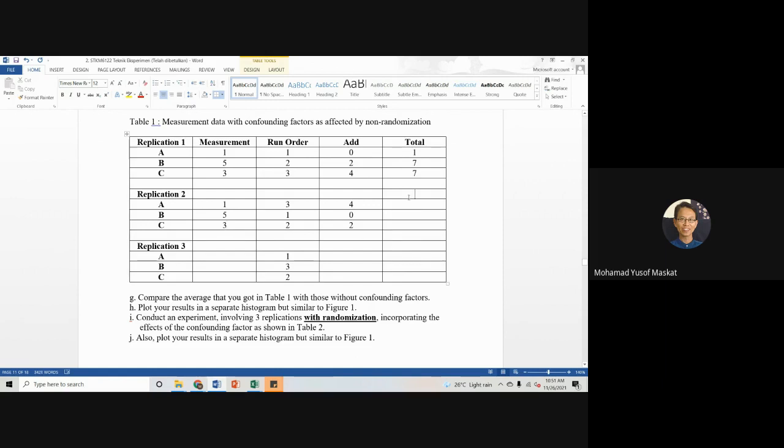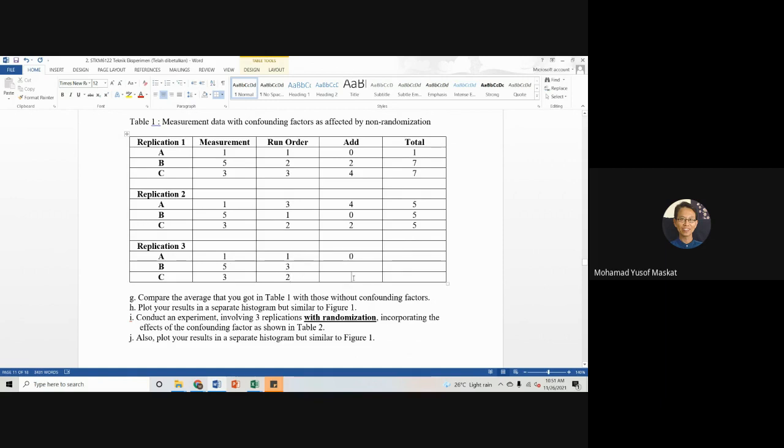The result for this one will be 1 plus 4 equals 5, 5 plus 0 equals 5, 3 plus 2 equals 5. For this one, because it is the first run order, no change.